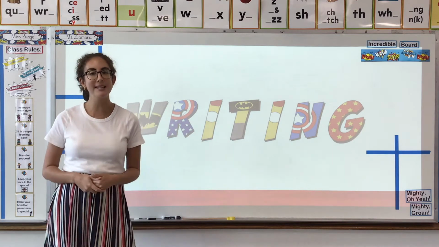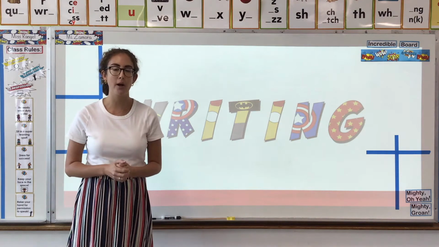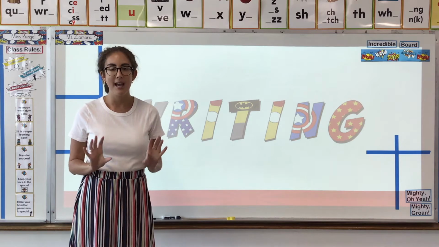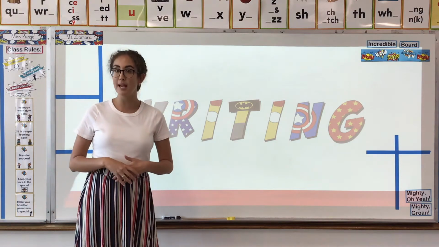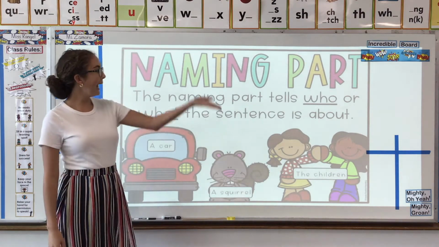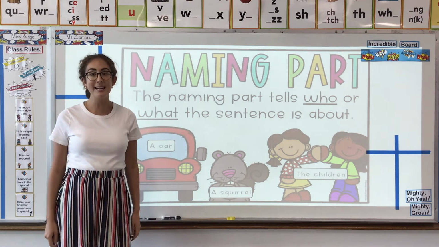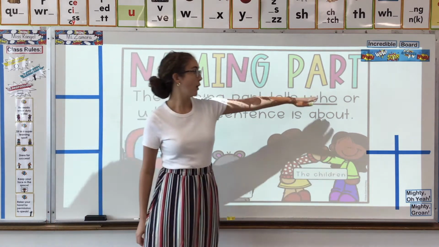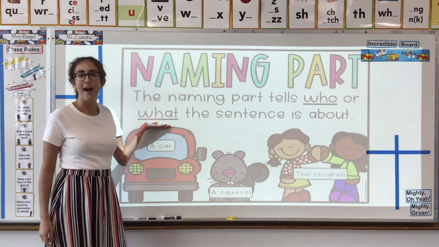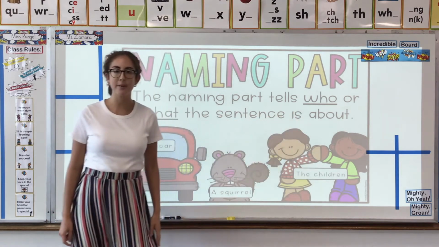So on Monday, we talked about the difference between a naming and a telling part. Both parts are required for a complete sentence, and we used our knowledge of nouns and verbs to help us out. So let's take one more look. A naming part is what comes first in our sentence, and in a naming part, it tells who, so a person, or what, a thing, a place, or an animal, this sentence is about.